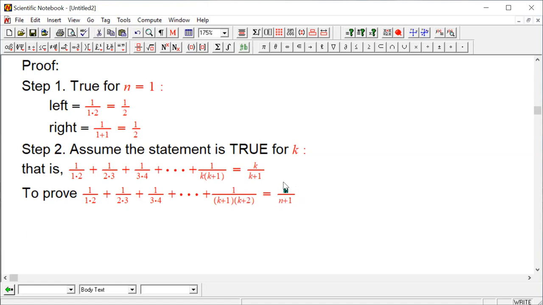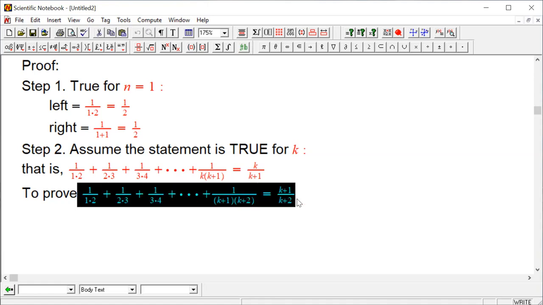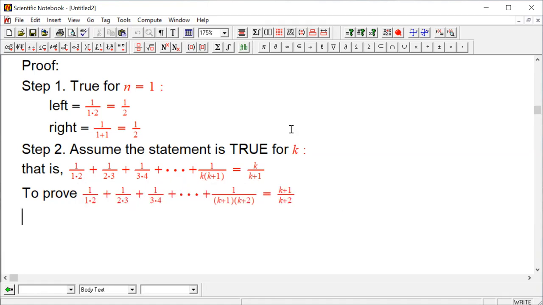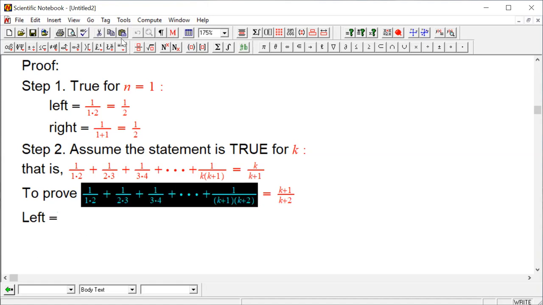Now this n is going to be replaced by k plus 1, and the bottom n will also be replaced by k plus 1, so the bottom becomes k plus 2. So this is to be proved, right? So now the left-hand side. Okay, so we got this left-hand side.